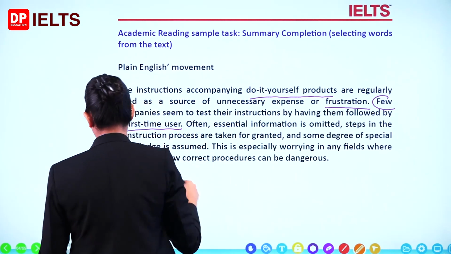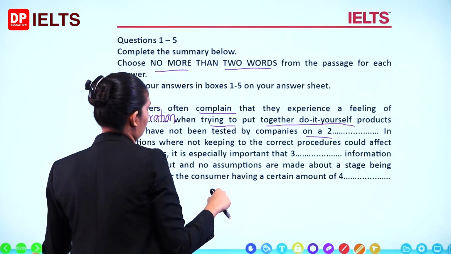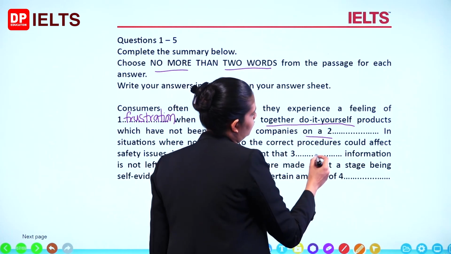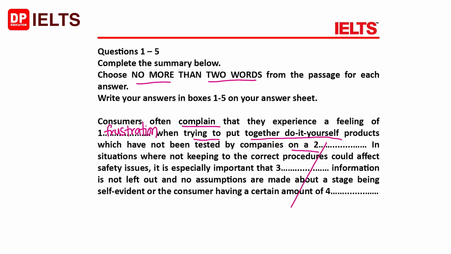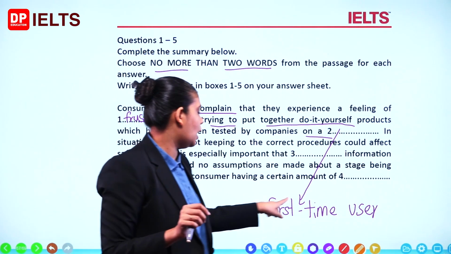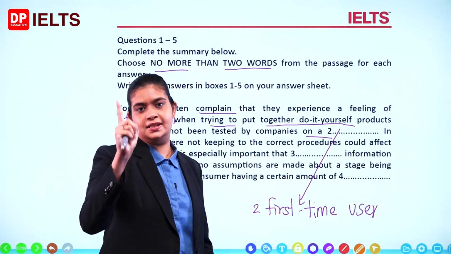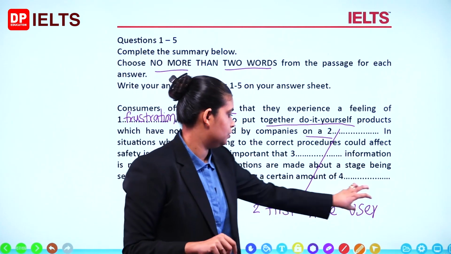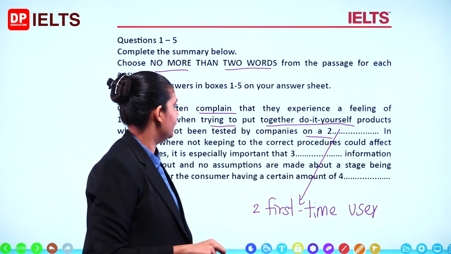Now, can we write first-time user? Let me put number 2 here. Is this 2 words or 3 words? 2 words. Why? A hyphenated word is considered as 1 word. So 1, 2, 2 words.